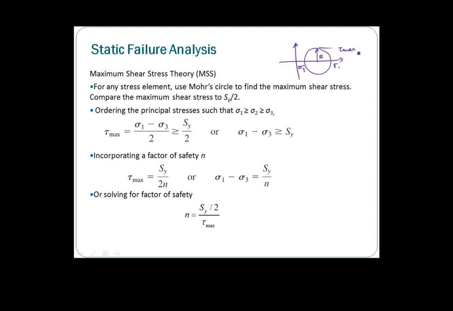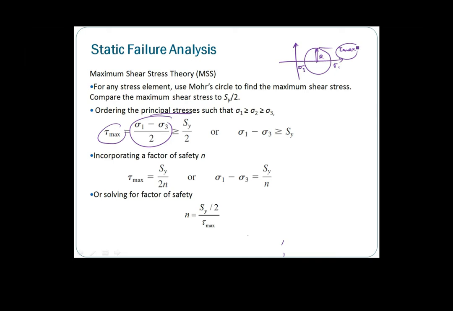Tau max itself is maximum minus minimum divided by 2. This maximum and minimum are our maximum and minimum principal stresses, related to the normal stress. So sigma 1 minus sigma 3 divided by 2 is our tau max, or if you have the R itself, you can also find the tau max.